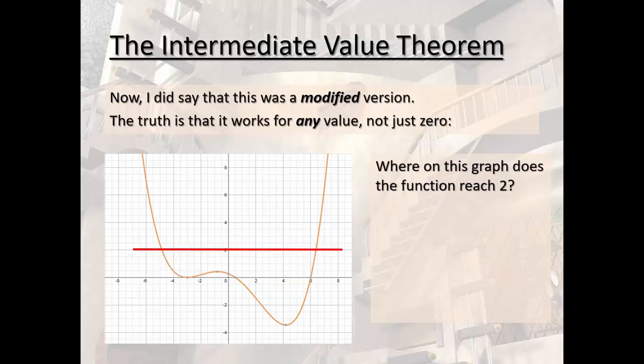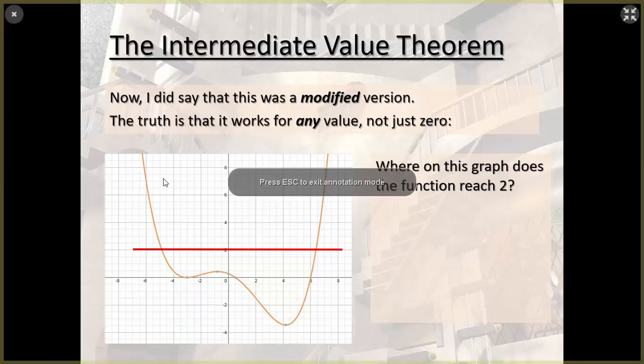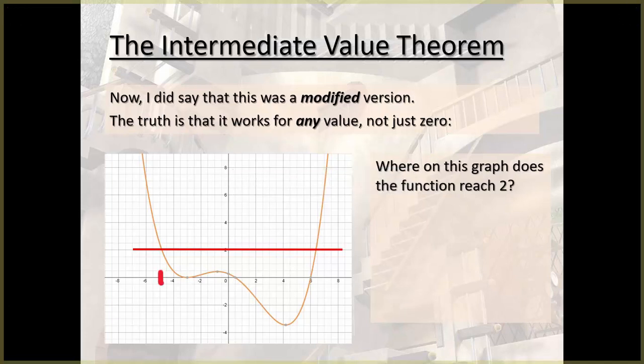let's use that to figure out where on this graph y equals 2. All right, well, I can see that it happens at some place between -5 and -4. It's kind of hard to see on here, but let me go back. -5 on this graph happens right there, and you can see that it's just a smidge above 2 at that spot, and at -4 it's right here.